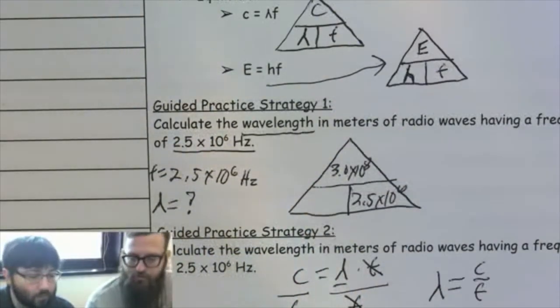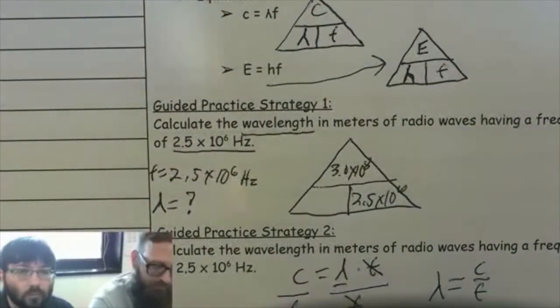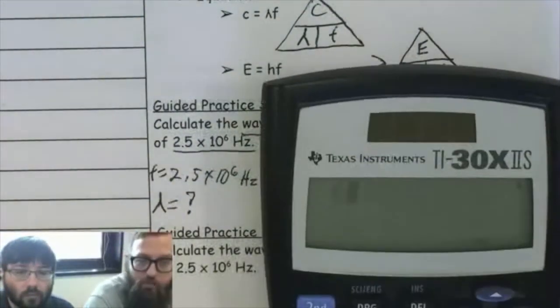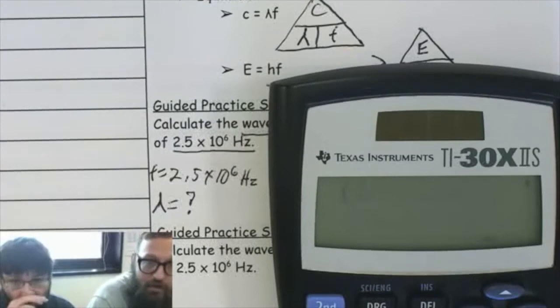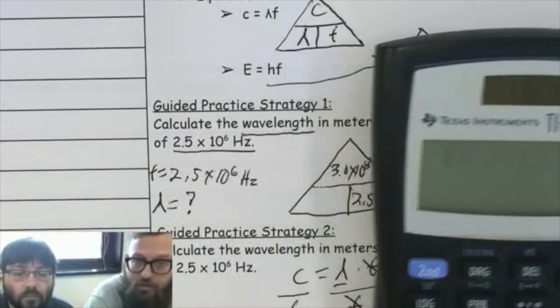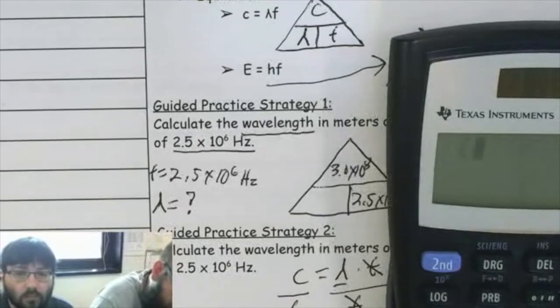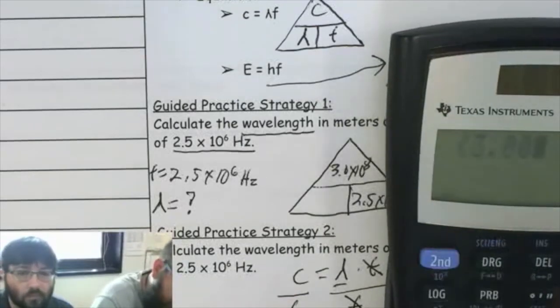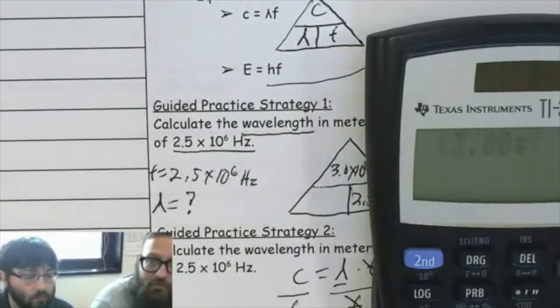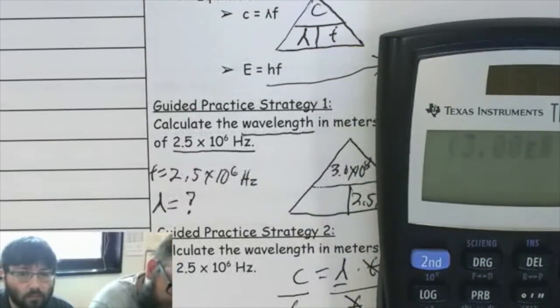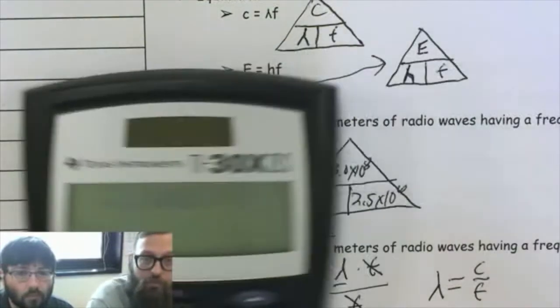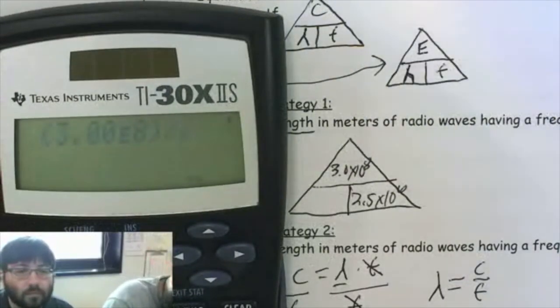To plug that into our calculator, we always open a parentheses whenever we're dealing with exponents like this, because our calculator will go a little wonky if we don't. So we open the parentheses and we do 3.00, second EE, which is my times 10 to the power of 8, close my parentheses, divided by, open a new set of parentheses, 2.5, second EE, to the power of 6.